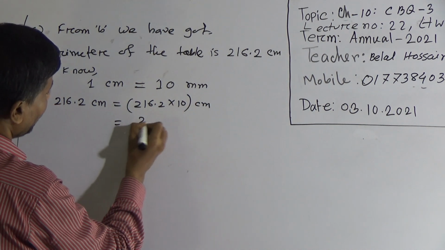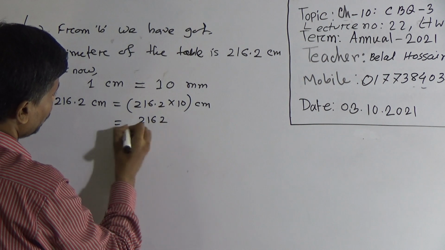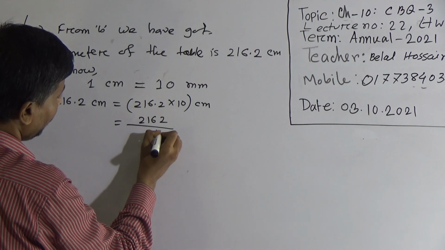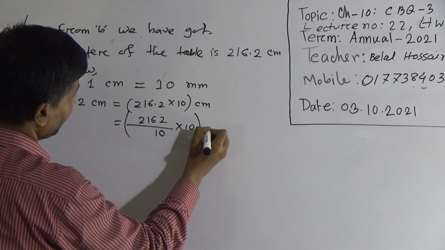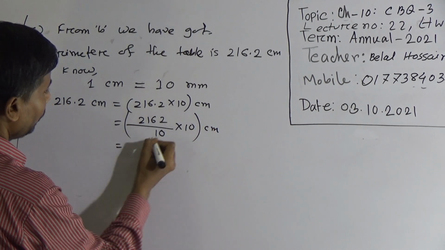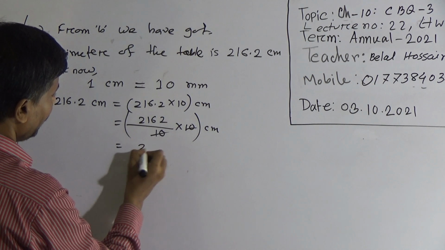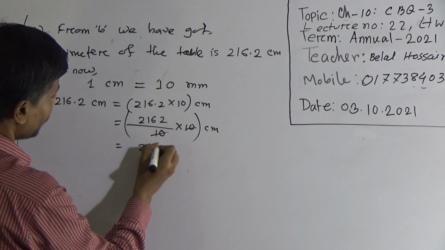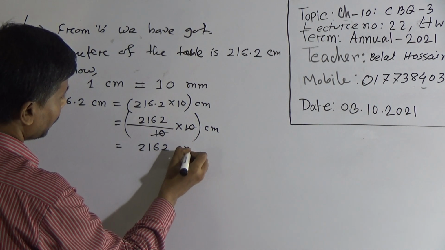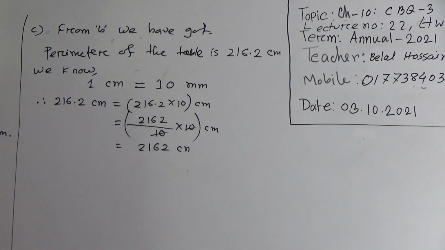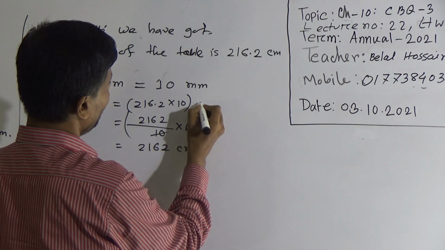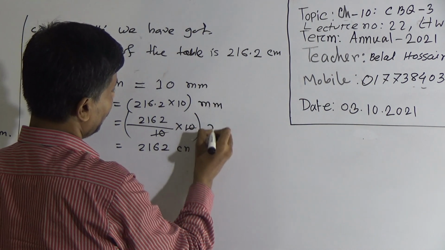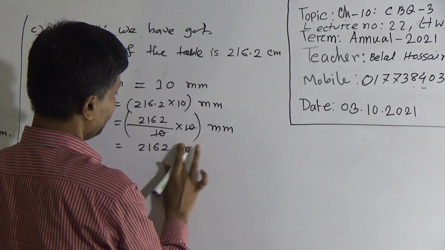This is equal to what? Point moves one place right, and 10 and 10 vanish, then we get 2162 millimeter. Sorry, this is millimeter.